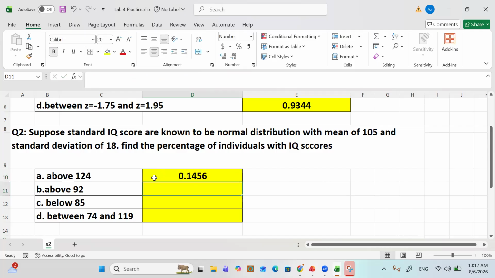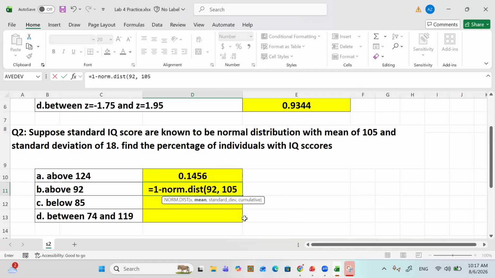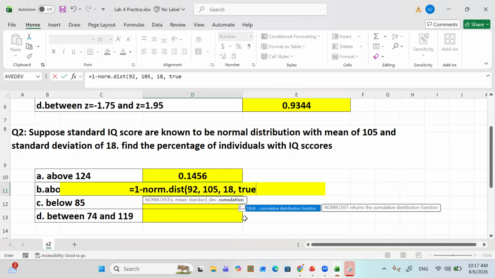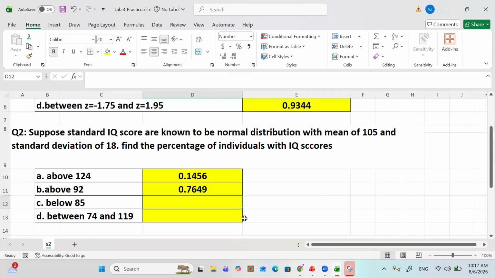So the second one, very similar. We do 1 minus NORM.DIST, 92 and mean 105, standard deviation 18, coming to the left-hand side, putting true, and then hit enter for the result.